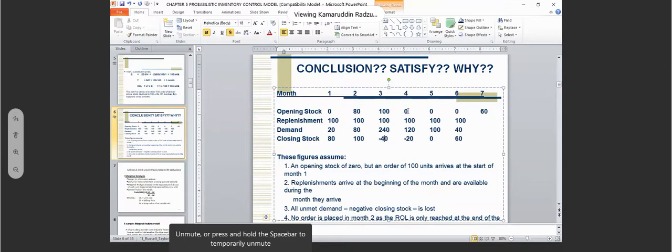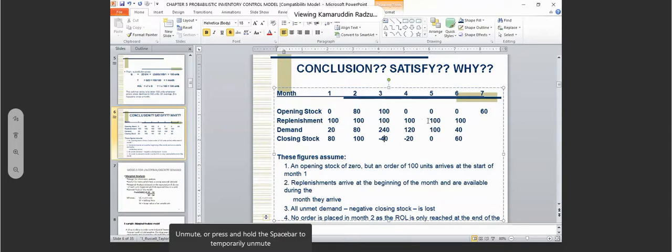So the opening stock for the next month is 0 because we have a shortage from the previous month, and we need to replenish with the optimum order quantity of 100 units. So we have on-hand inventory of 100 units, and the actual demand is 120 units. So again we have a shortage of 20 units in the fourth month, and the opening stock in the fifth month is 0 units.